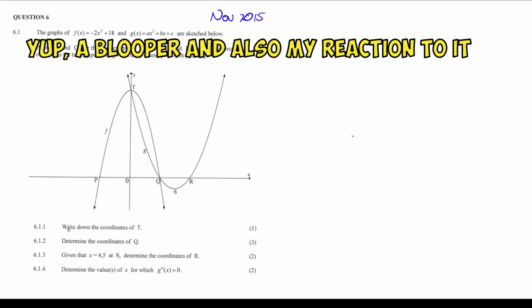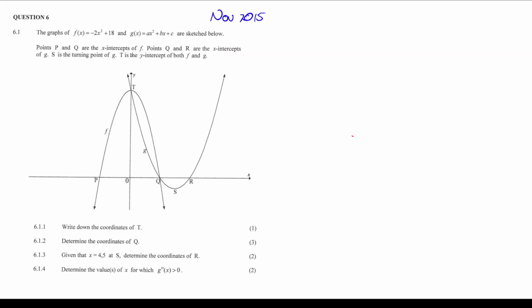Okay. Write down the coordinates of T. Now, for 6.1.1, you can either go and take this one, f of x, and set it equal to 0. So we can say negative 2x squared plus 18 equals 0.